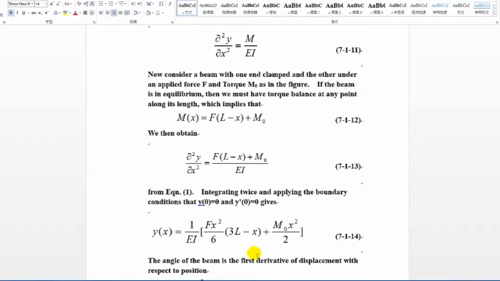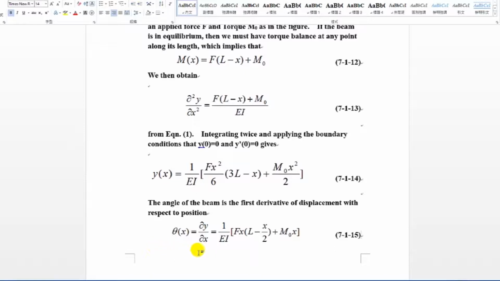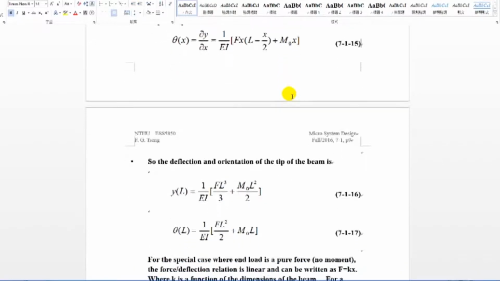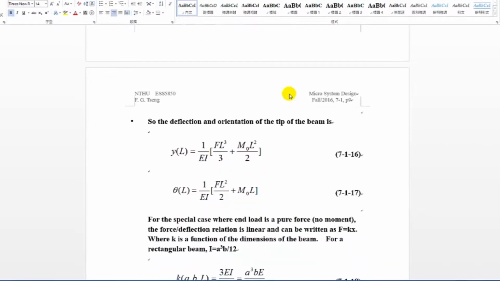Can you understand? Also, from this equation, if you take the first derivative, you get the angle. That means you get dy/dx, the slope of the curve, which means the angle of the curve. If the angle is small, dy/dx equals tangent theta, and when theta is small, tangent theta is similar to theta.